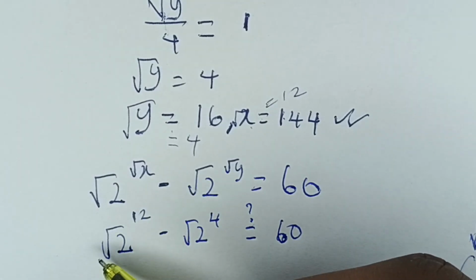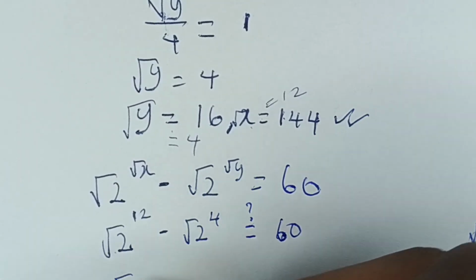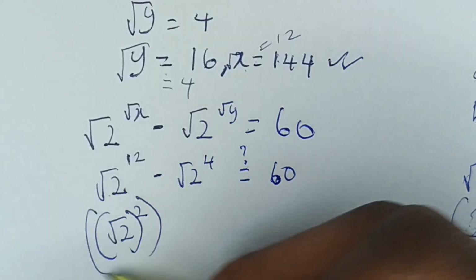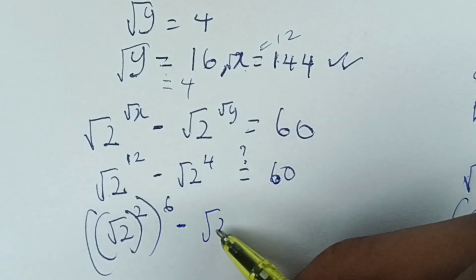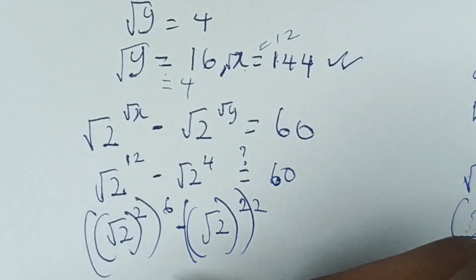Alright, now moving on, we can rewrite this as root of 2 all raised to power 2, all raised to power 6, minus root of 2 raised to power 2, raised to power 2.